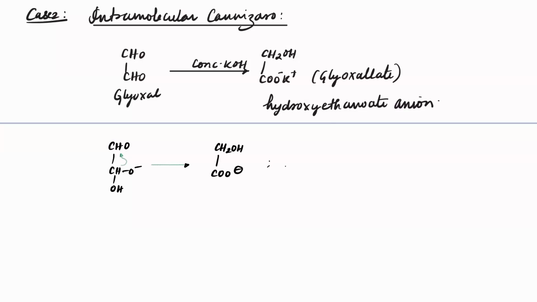Correct. So rate now is dependent on only one aldehyde, so one aldehyde power 1 and OH minus here. Because we have both the aldehydes equally present, this will take 2 moles of that OH minus during the mechanism, and the order of the reaction in this case will be 3.